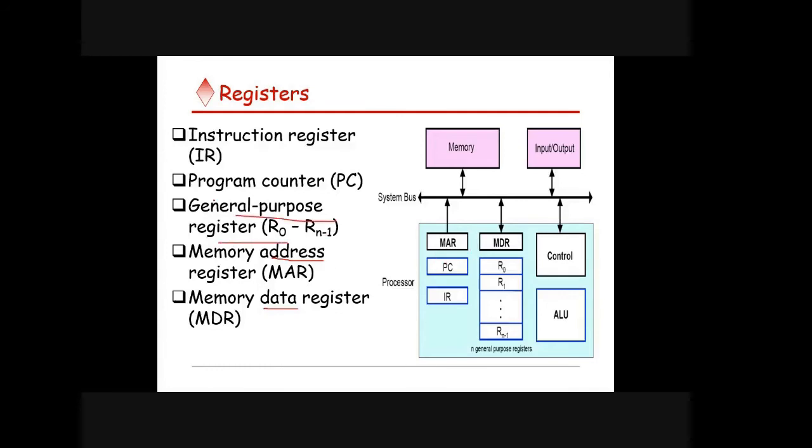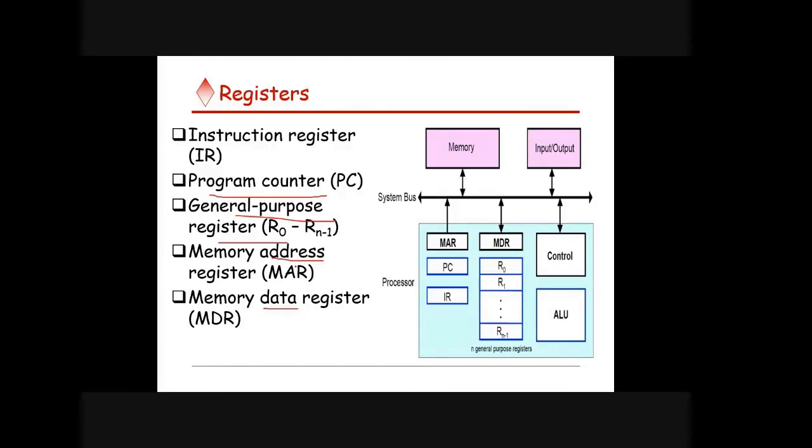And next is the program counter. Counter means counting the number of instructions. So the program counter is actually a register which will store the address of the next instruction to be executed. If the current instruction's processing is over, the address of the instruction the processor should take next will be stored in the program counter.